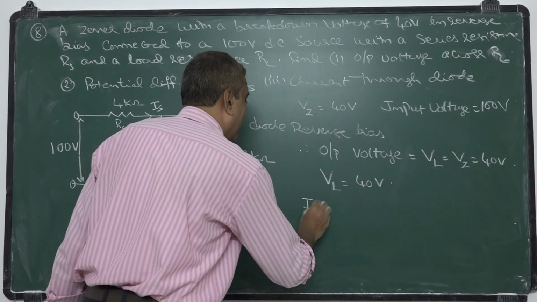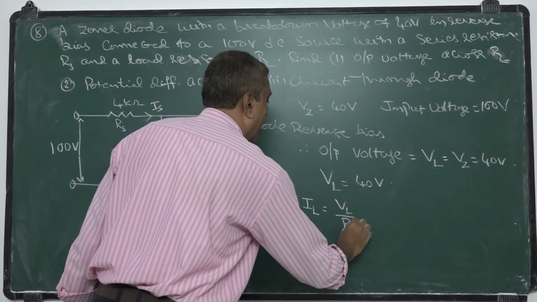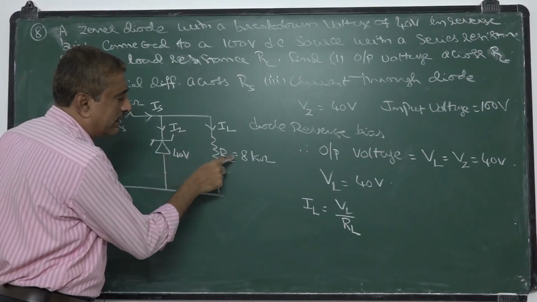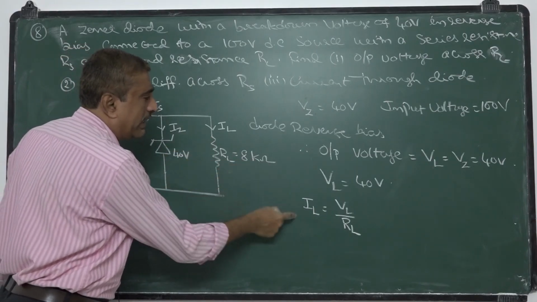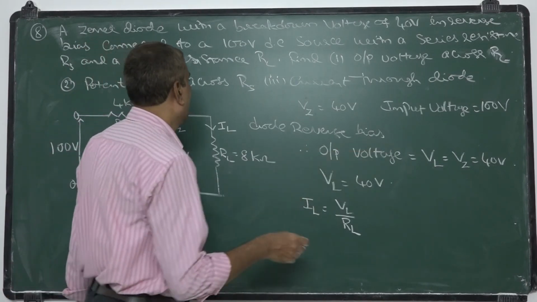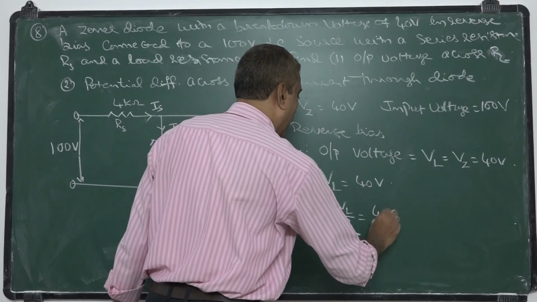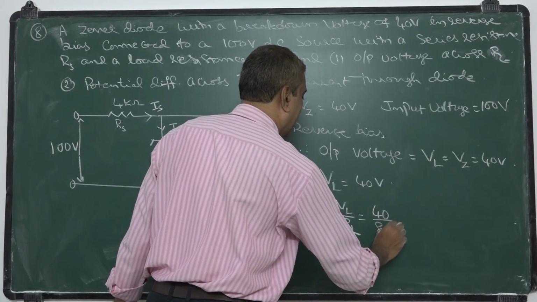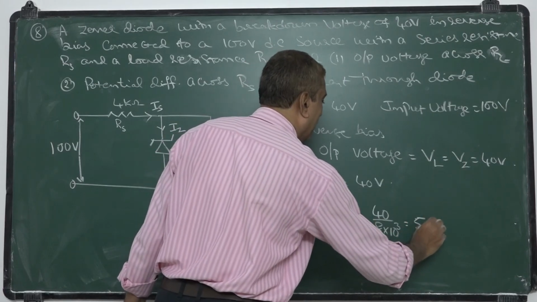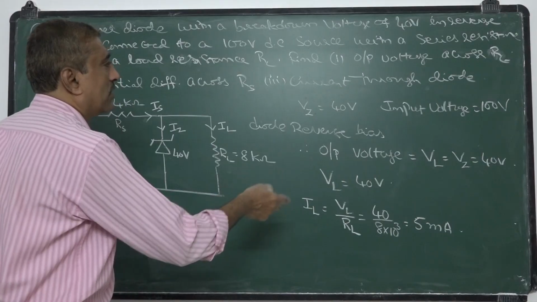So IL is equal to VL by resistance RL, because IL is the current through this load resistance. This load resistance is 8K and the voltage across this load resistance is 40 volt. So from this we can calculate IL as 40 by 8 into 10 power 3. This is 5 milliampere. So this you take.